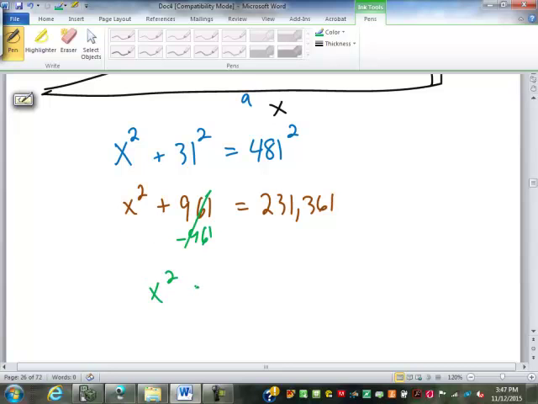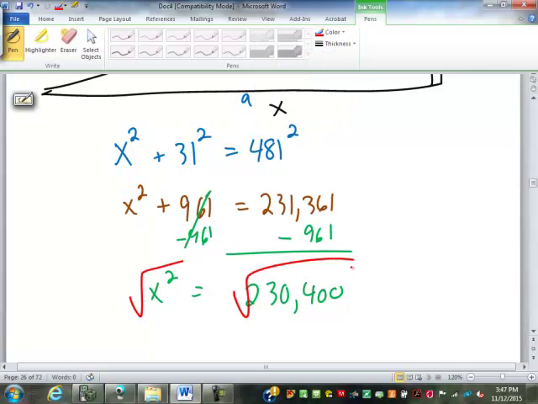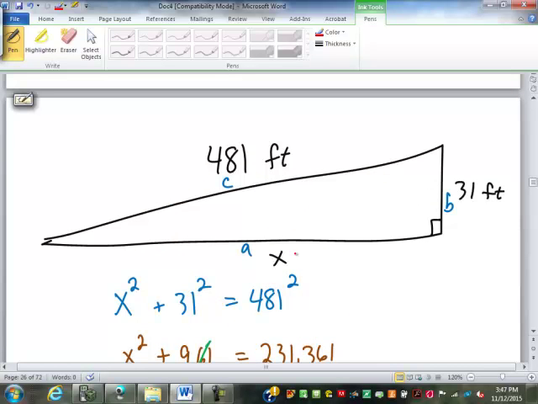So x squared equals 230,400, sorry. And then we square root it, and the square root of 230,400 is 480 feet, exactly. Good call.